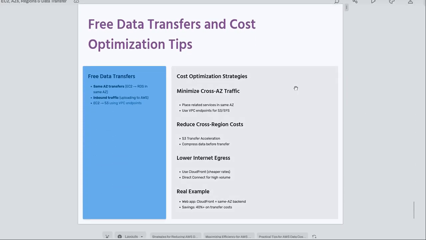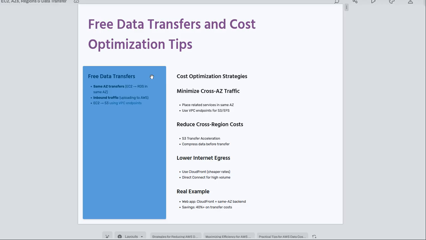Then the free data transfers and cost optimization tips. Free data transfers: same availability zone transfers, so EC2 to RDS in the same availability zone. If you place one EC2 instance and RDS in the same availability zone, there is no charge.